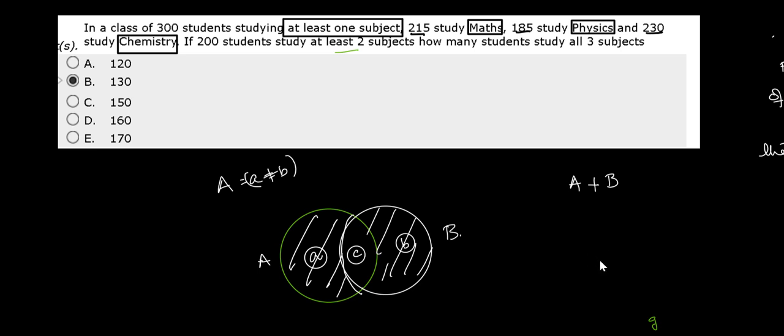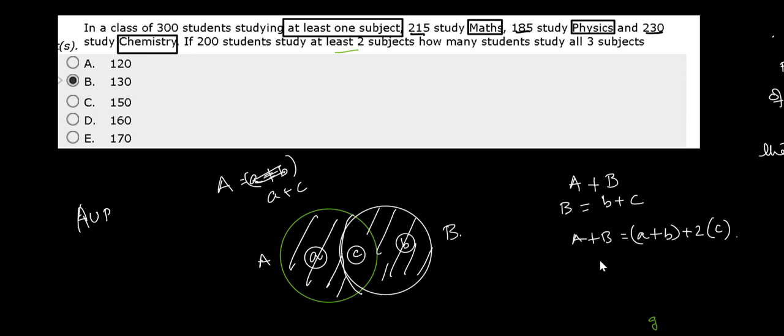B is again B plus C. So A plus B will mean A plus B plus twice C, see. Right?